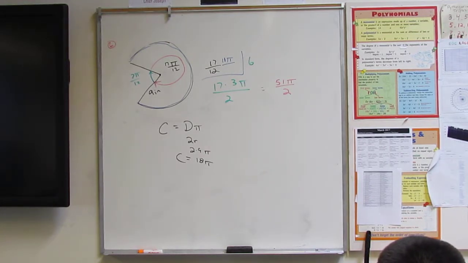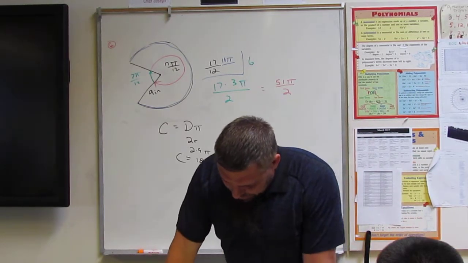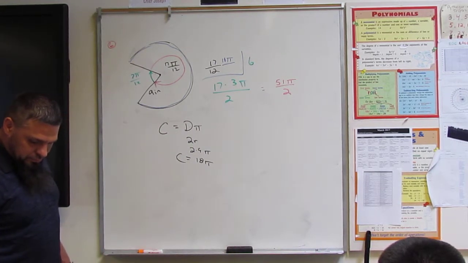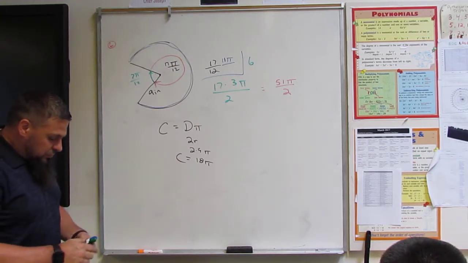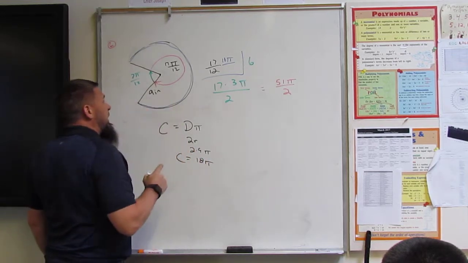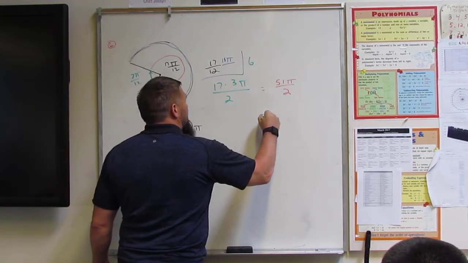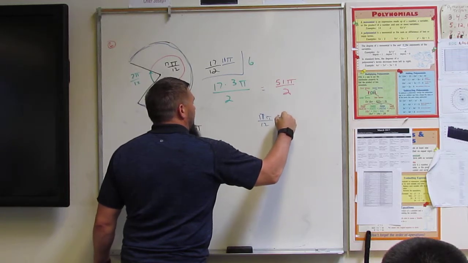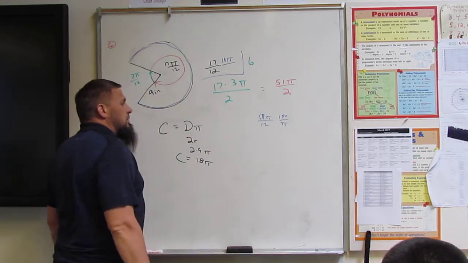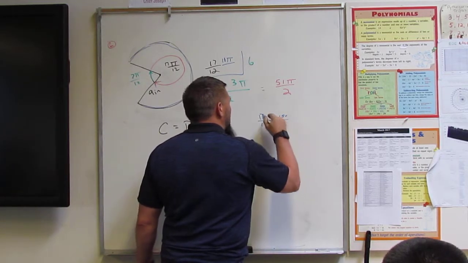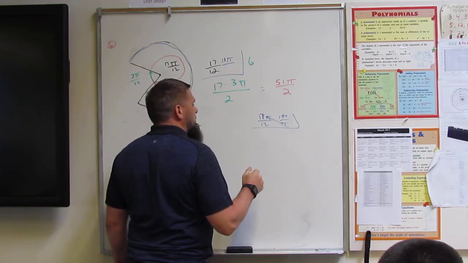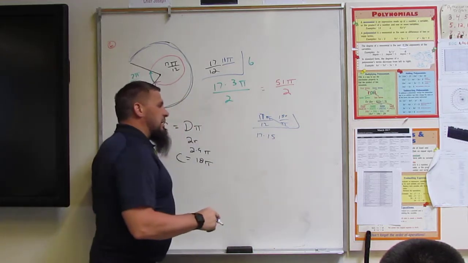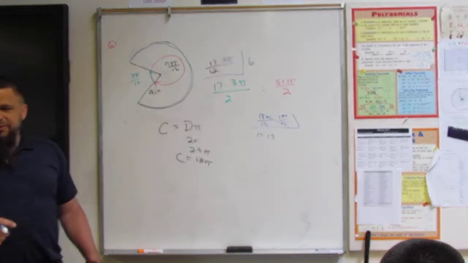It's 17 pi over 12, right? Check. 17 pi over 12 would be the same as 17 over 12 pi times 180 over pi, which is, 12 goes into 180 15 times, so 15 times 17, right, is 255.